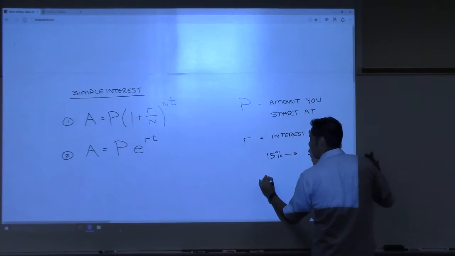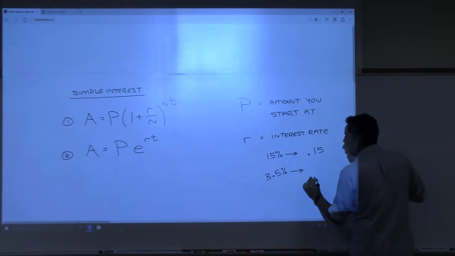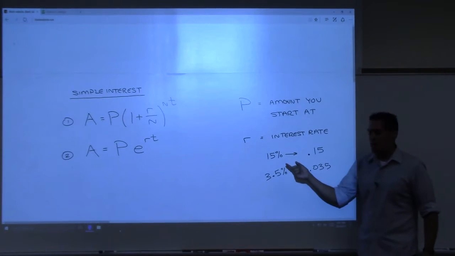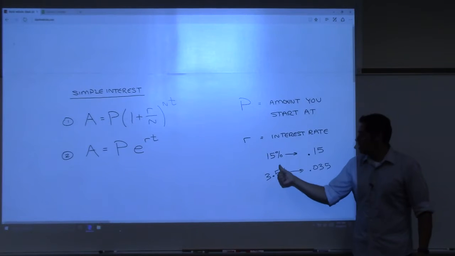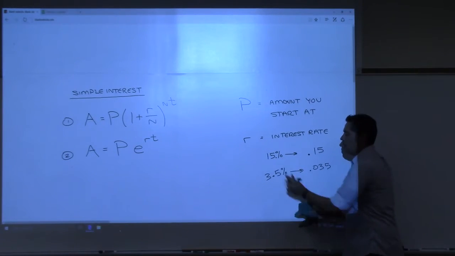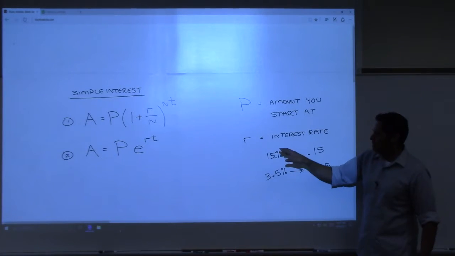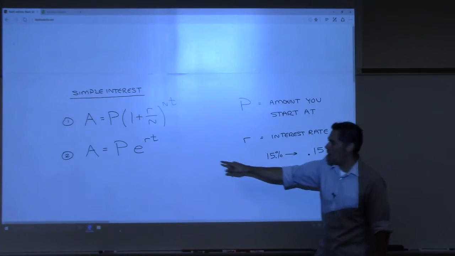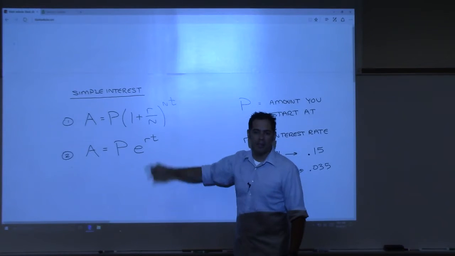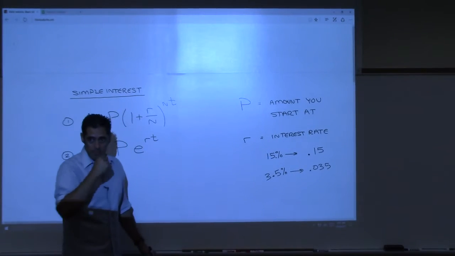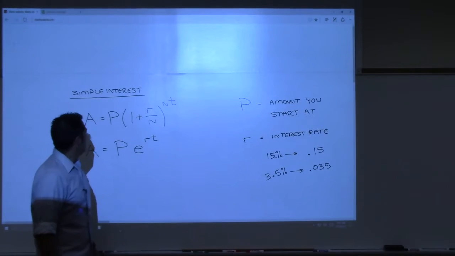If it was a 3.5% interest rate, you would convert that to 0.035. So remember, when we're converting percentages to decimals, we take the decimal point and we move it 2 places to the left. If it's 15% and you plug in 15, you're going to get an incorrect answer. It must be converted to a decimal. Understand? Okay?